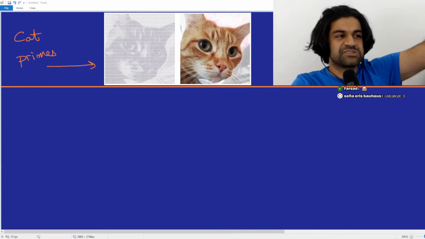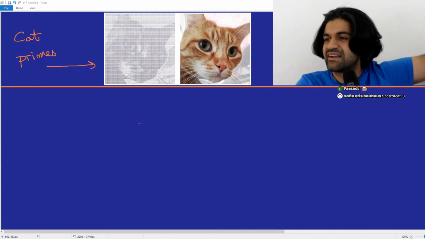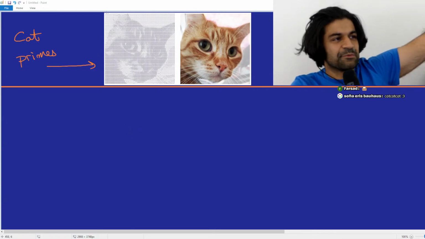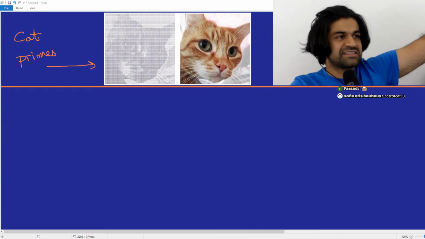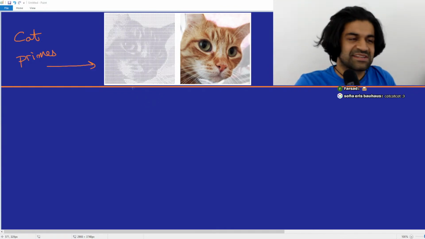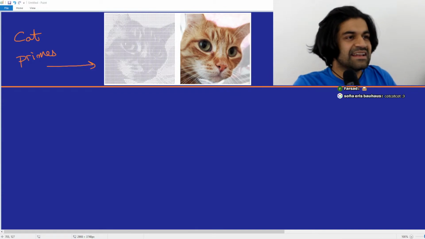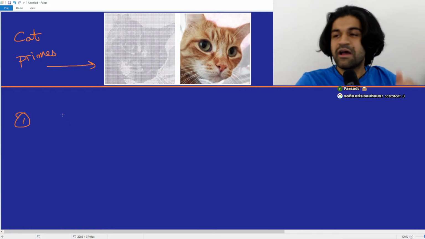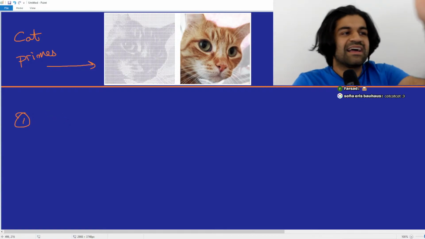So the number of digits in that number must be a square. I chose 4,900 because 4,900 is 70 squared. And the idea is that when you write all the digits of this number in a 70 by 70 grid, or 80 by 80 grid or 60 by 60 grid, whatever dimensions you chose, then it should look like the image. So step one is to find a number that looks like your image.